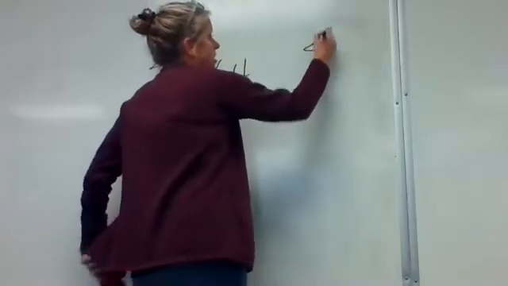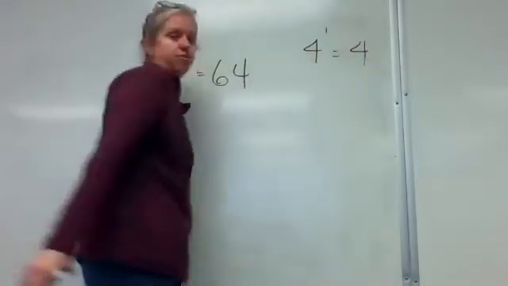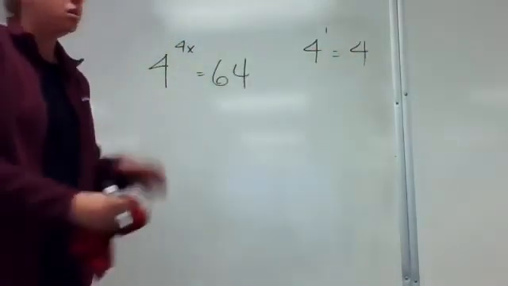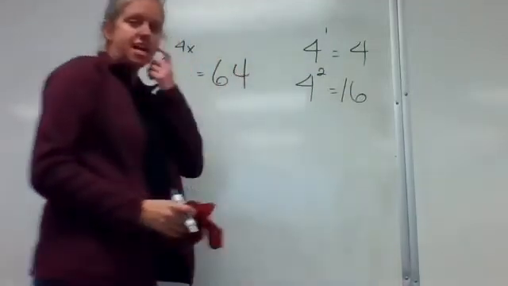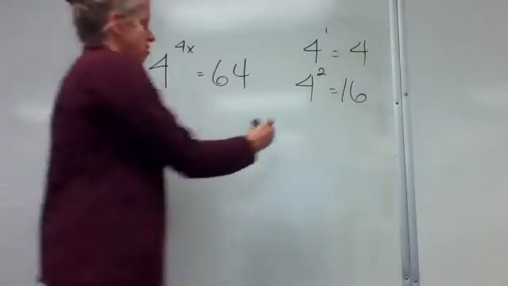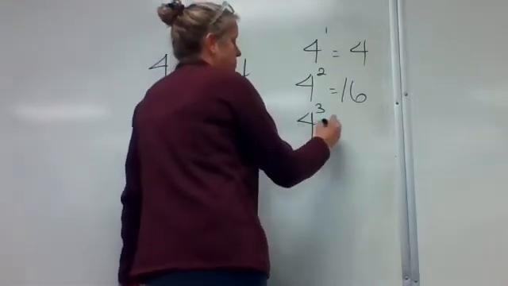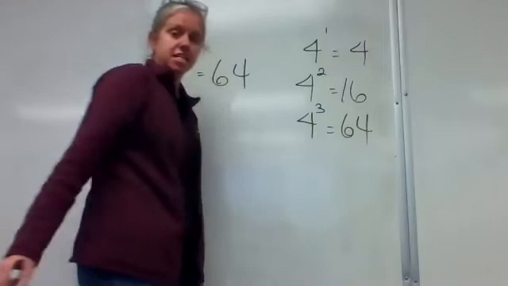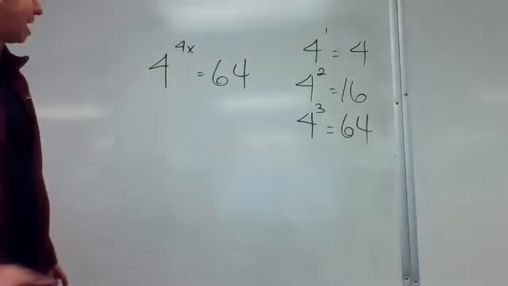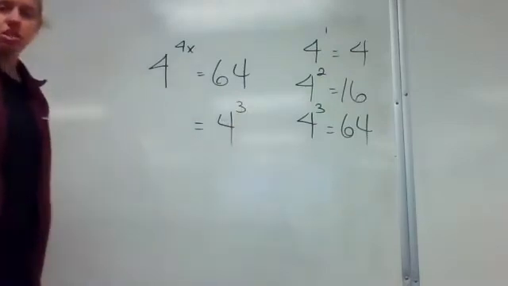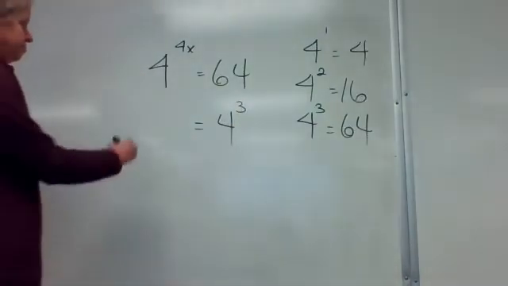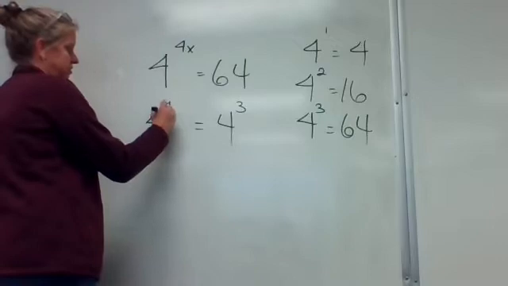Let's see, 4 to the first power is 4. 4 to the second power is 16. 4 to the third power is 64, which means I can rewrite this right side as 4 to the third power. Bring this one down.